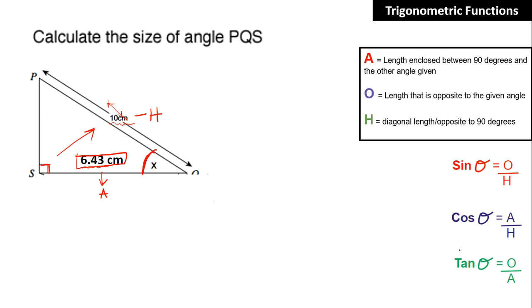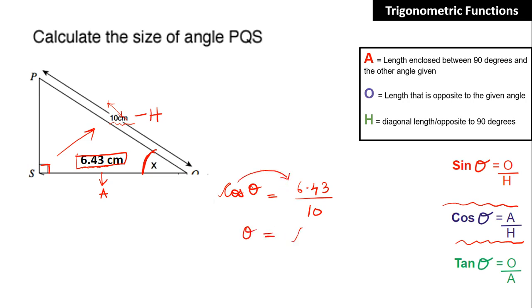Now, considering the sine cos tan implementation, we need to figure out which one to use. So I have my a and h together when I am doing cos theta. So I'm going to write that down. Cos theta equals adjacent, that's 6.43, divided by the hypotenuse, that's 10. Now when I take cos to the other side, it turns into cos inverse.